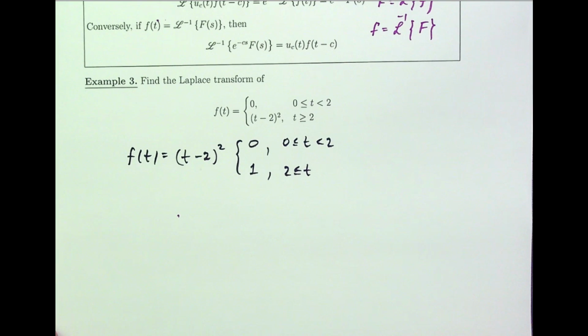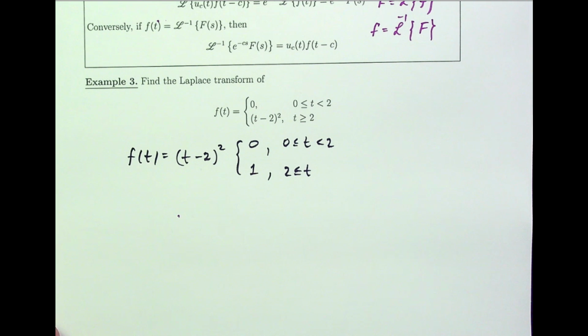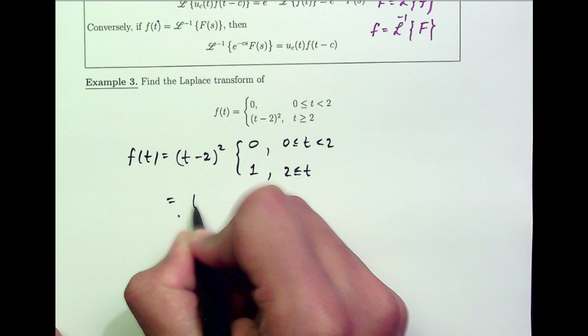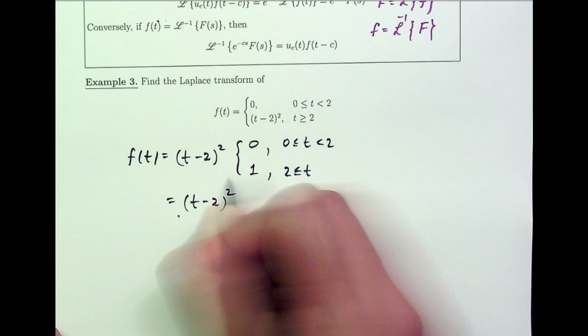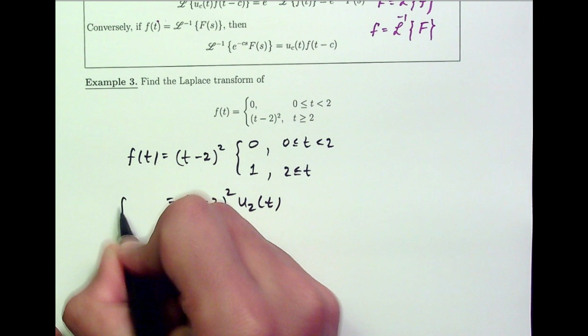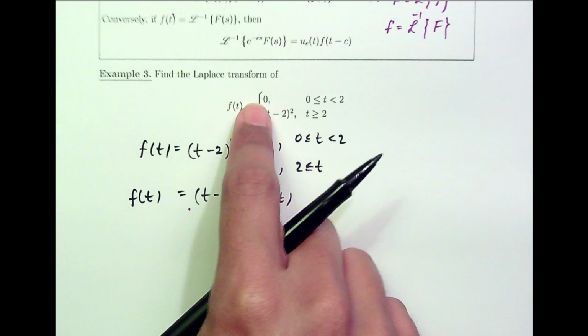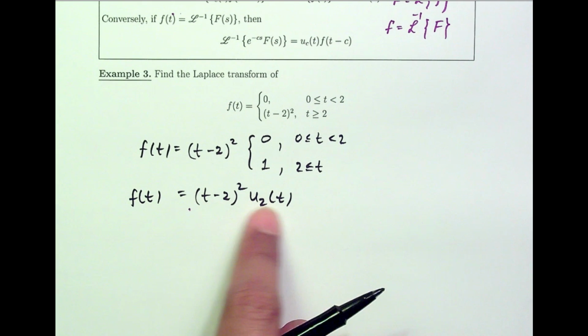Okay, and now this piece right here is precisely the Heaviside function at 2. And that is rewriting that into a single formula.